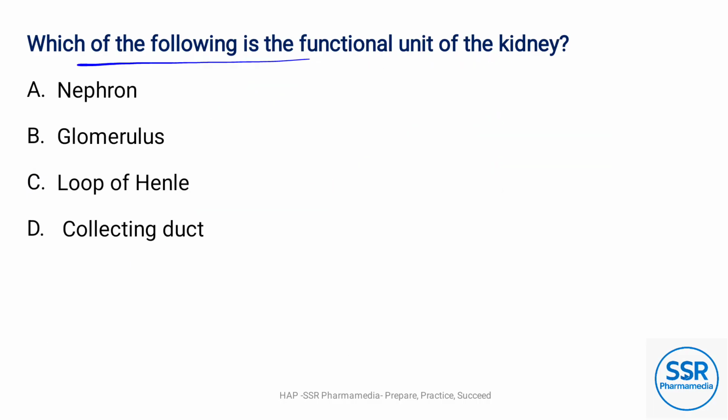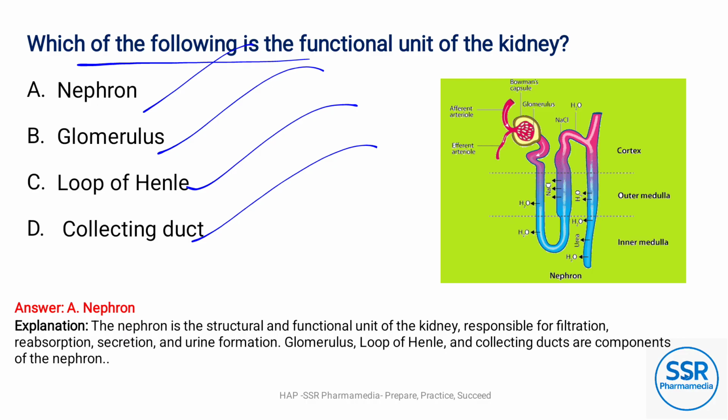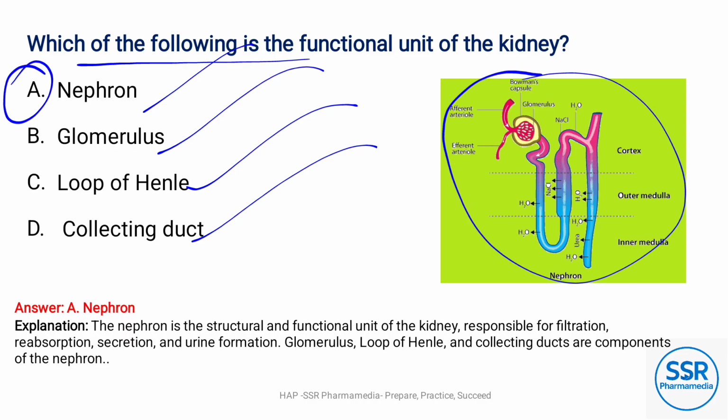Next, which of the following is the functional unit of the kidney? Option A, nephron. Option B, glomerulus. Option C, loop of Henle. Option D, collecting duct. So the answer is option A, nephron.